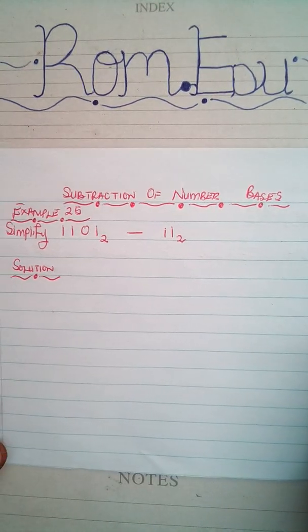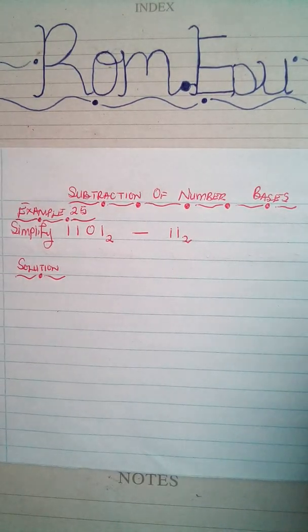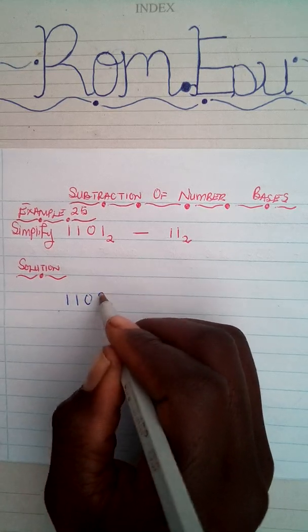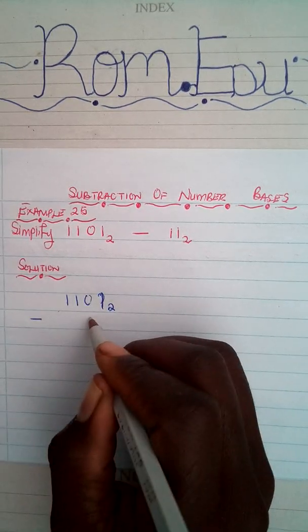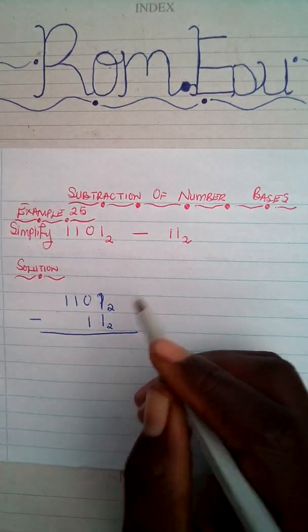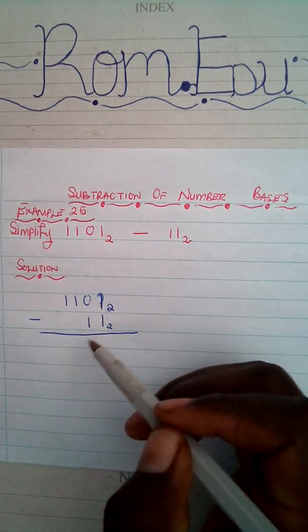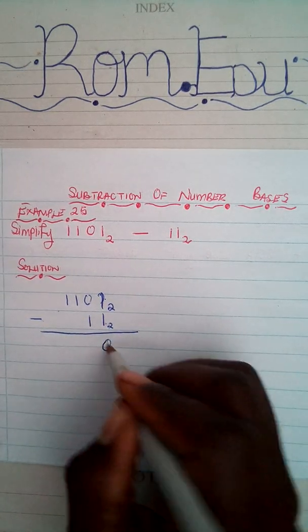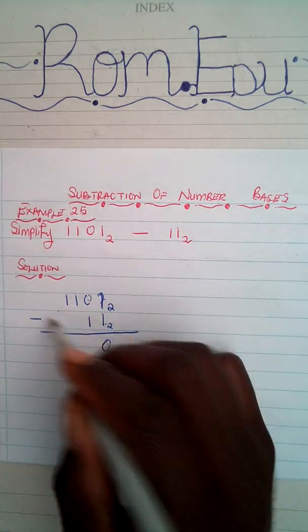Right, let's look at example number 25, which asks us to simplify 1 base 2 minus 1 base 2. Now 1 minus 1, that's a 0, right? 0 minus 1, it can't.